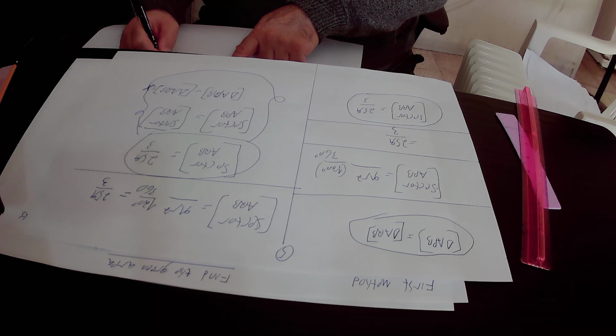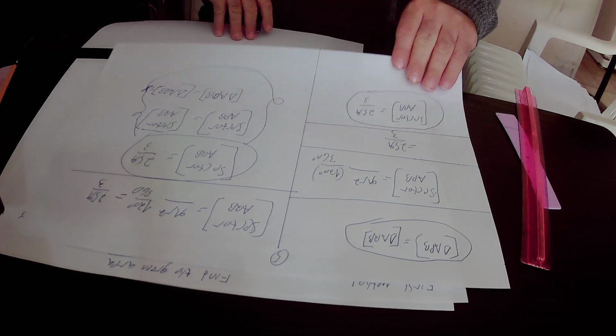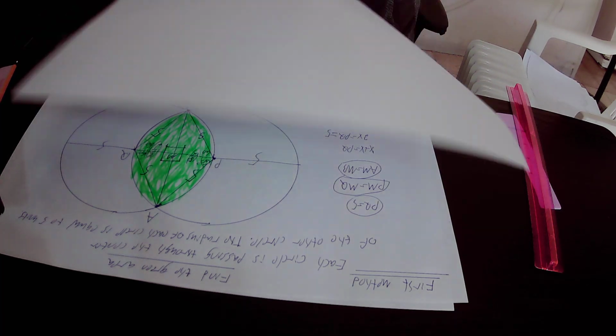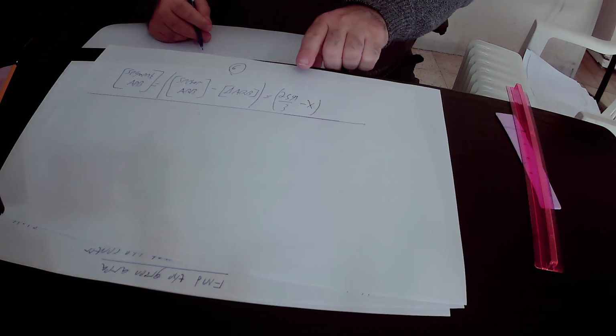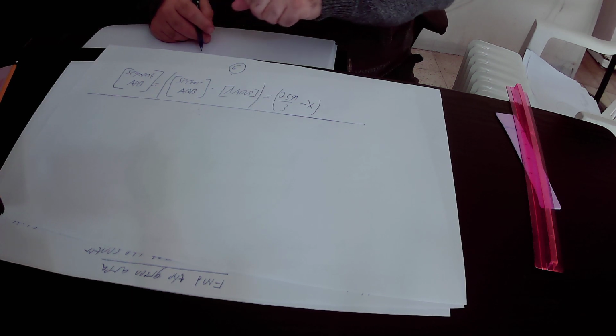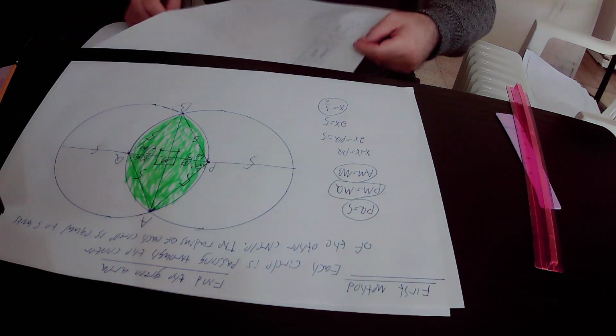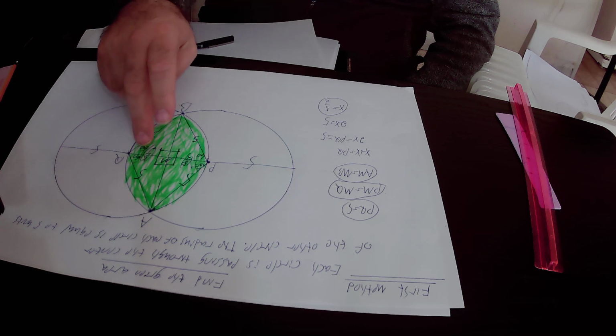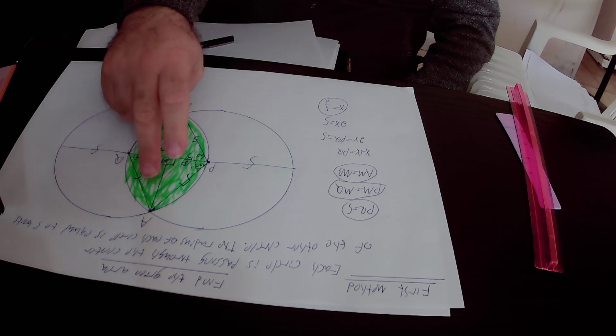So in conclusion, we found out that the area of segment APB equals 25 pi over 3 minus x. Okay? And what is the area of segment AQB? The area of this segment AQB is like a semicircle. It is not a semicircle, but it is like a semicircle.